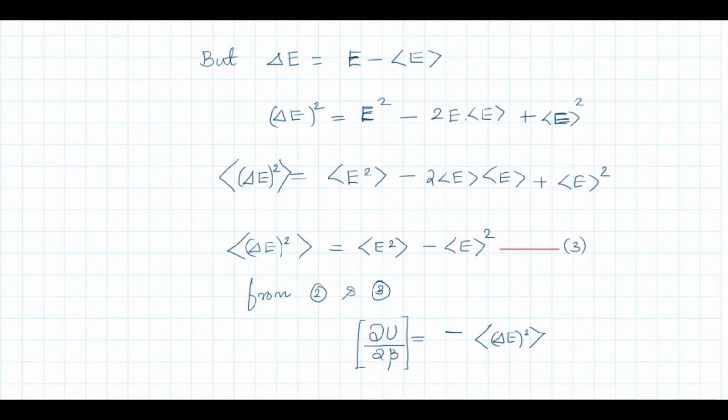That is again mean value E square. So mean square fluctuation, I can write it as mean value of E square minus 2 times mean value E square plus mean value E square. That is minus 2 plus 1. You will get minus mean value E square. Call this as equation number 3.